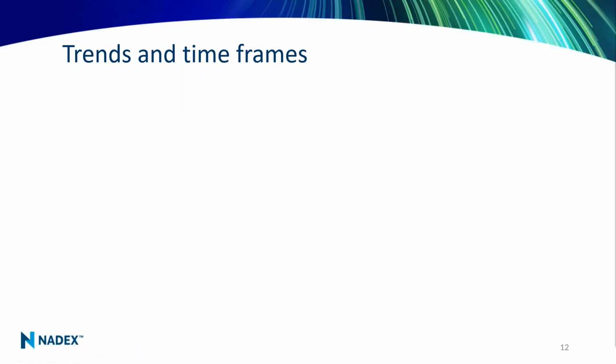So let's talk about, I said you put these candlesticks together and you'll end up with a chart and you'll end up with trends. And I teed this up with trends and time frames. Let's take a look at some of this. So first, when we put these together and we're looking for trends, the question is, and this is important for time frames, which time frame do you want to be using?